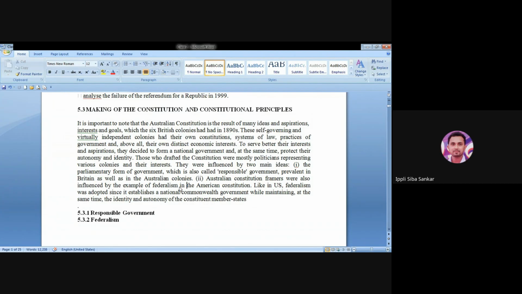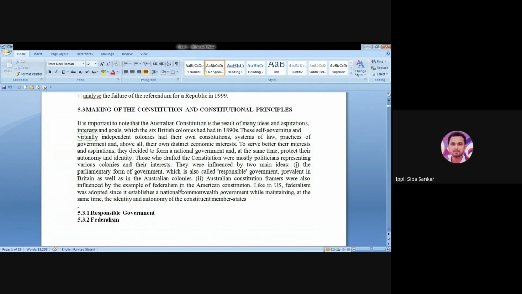Like in the US, federalism was adopted since it establishes a national commonwealth government while maintaining at the same time the identity and autonomy of the constituent member states.